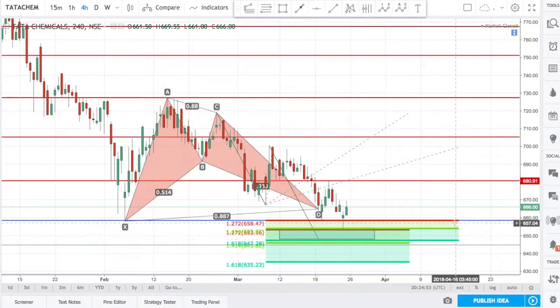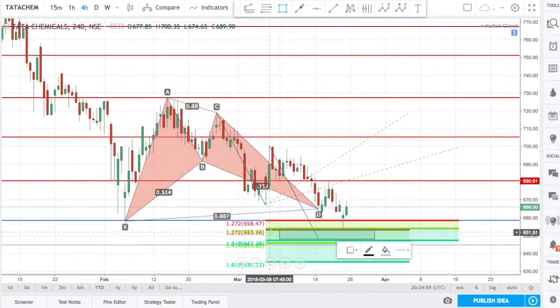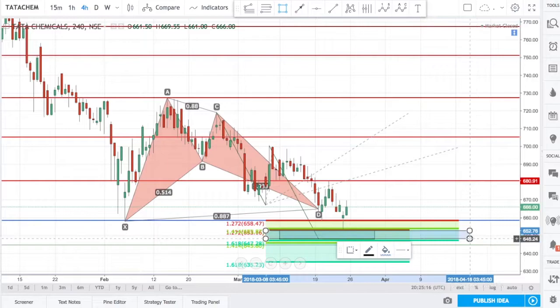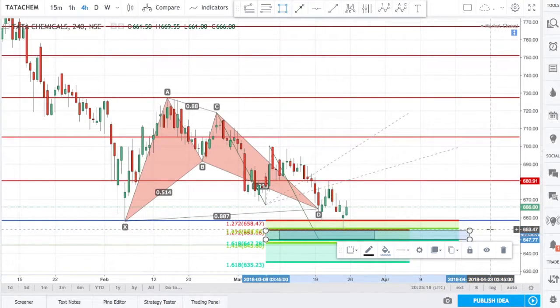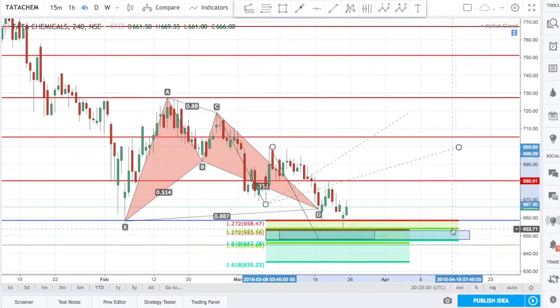As you can see here, once again there is a Fibonacci confluence at this zone, this level. There are two Fibonacci levels meeting together here, and almost here. So once again we can consider this zone as an important area.